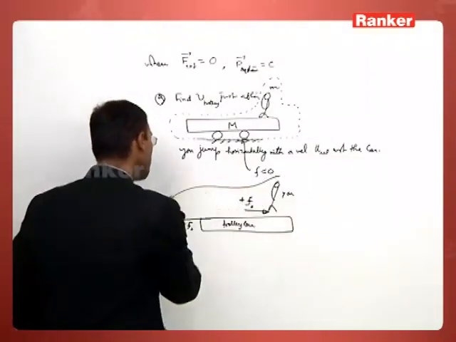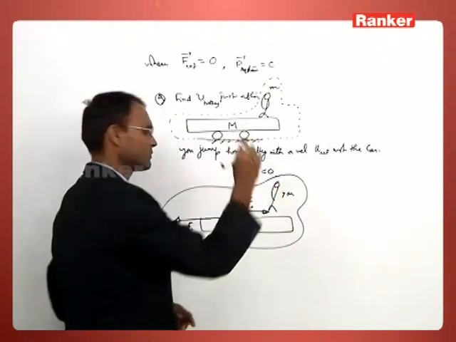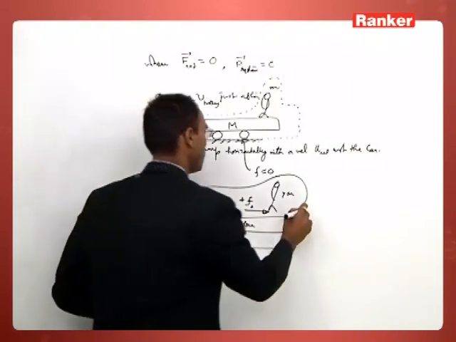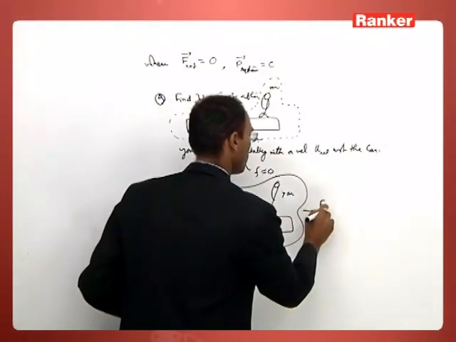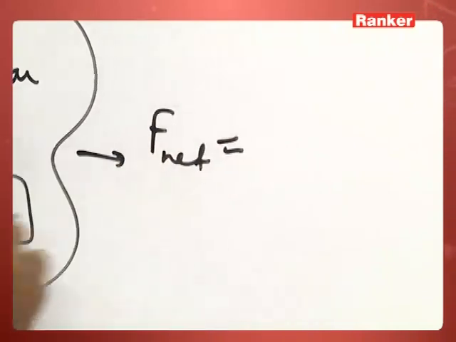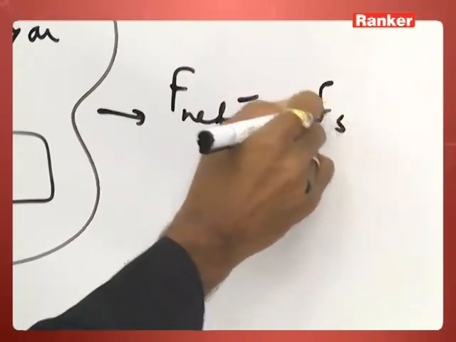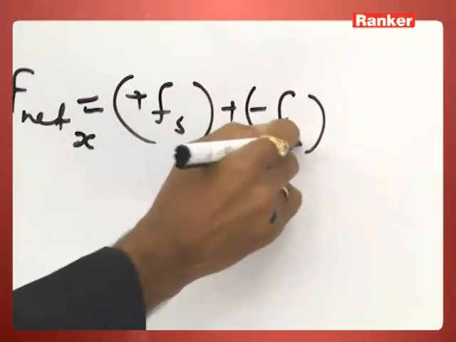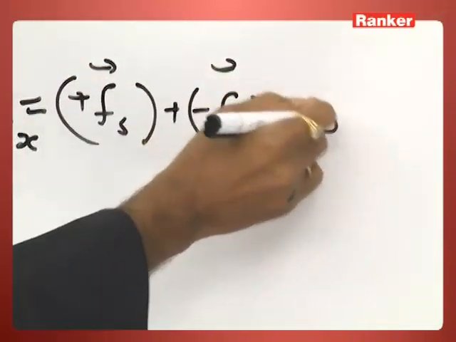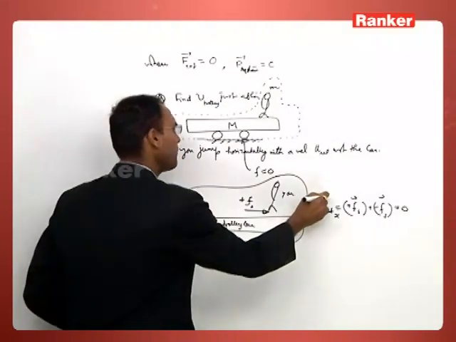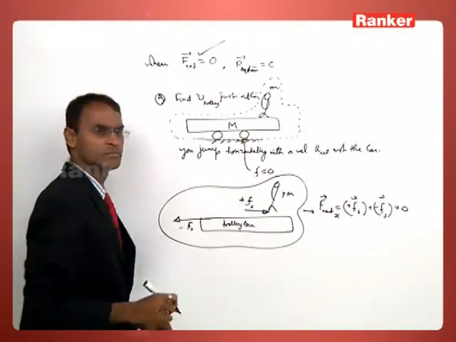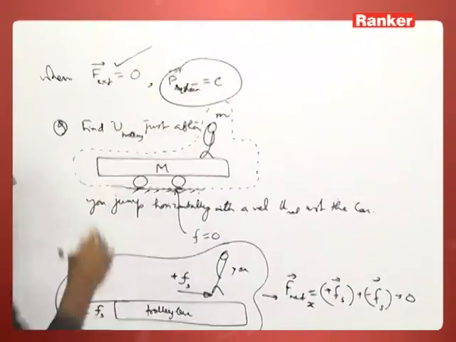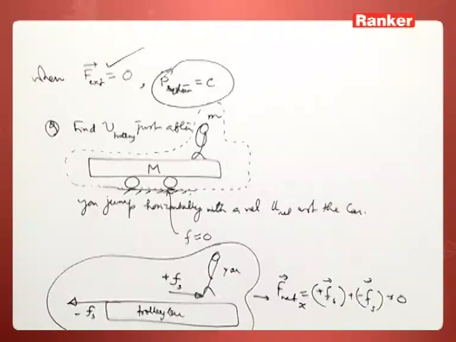What is the net force acting on the system? 0. The net force acting on the system is 0 in the horizontal direction. Plus Fs plus minus Fs equal to 0. When the net force will be 0, then the momentum of the system can be conserved.